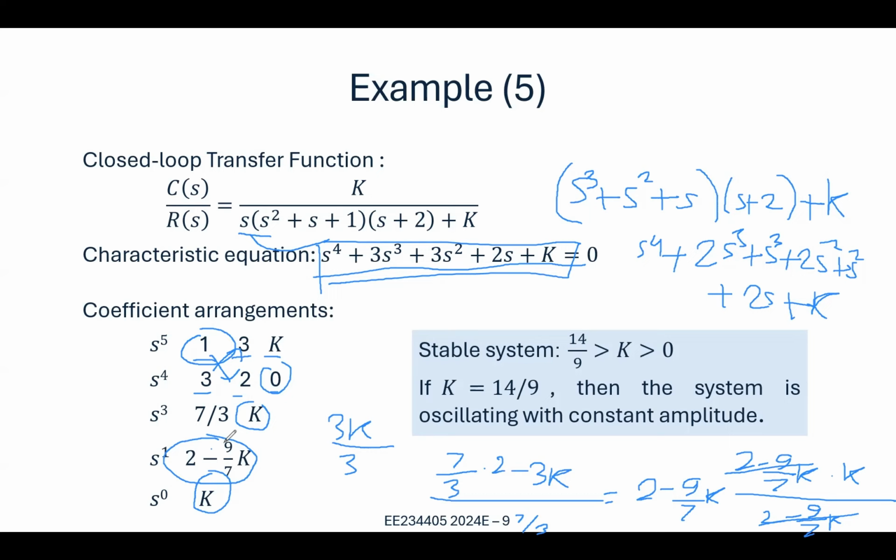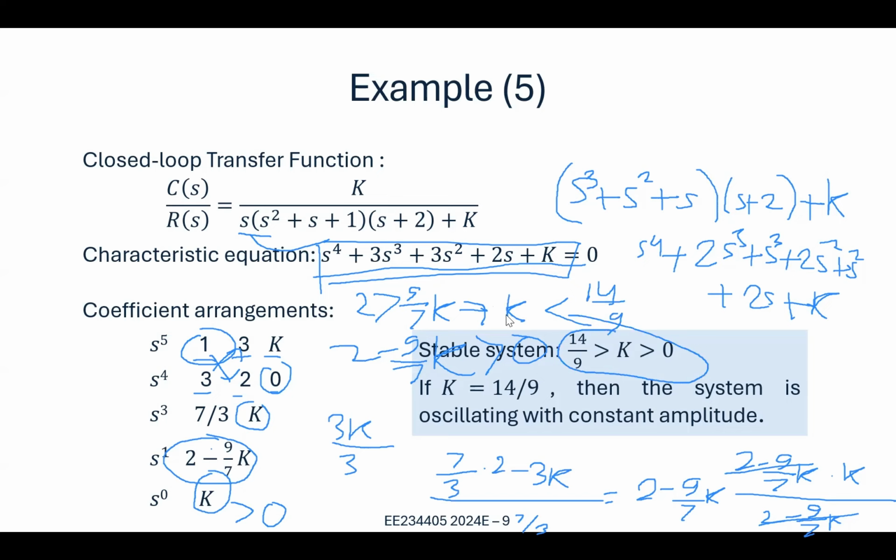So in this case, k has to be positive, of course, and also 2 minus 9 per 7 k has to be positive, which means that 2 has to be more than 9 per 7 k, and here k has to be less than some value, which is 14 per 9. So k has to be in between 0 and 14 per 9.